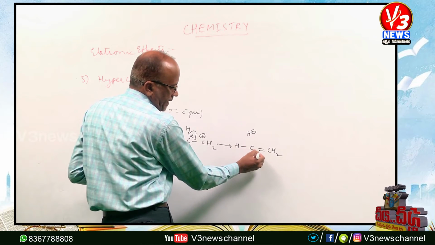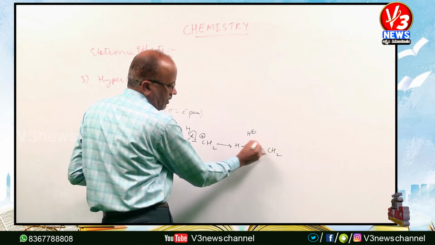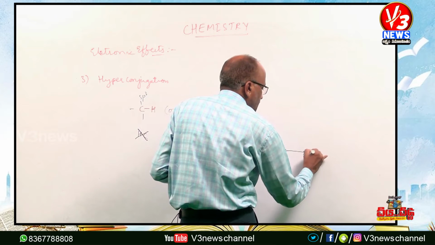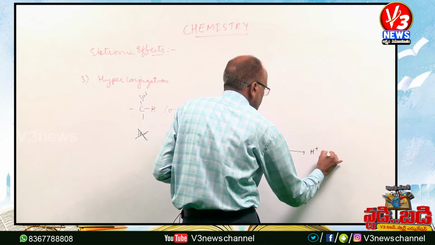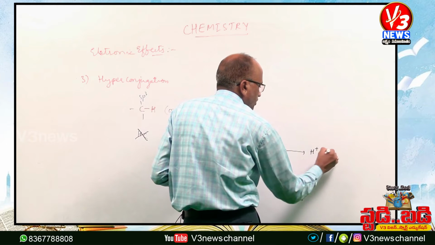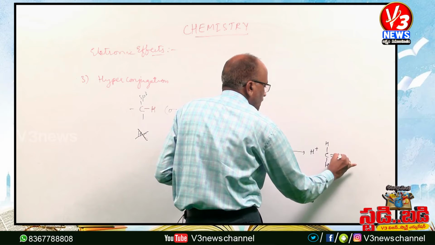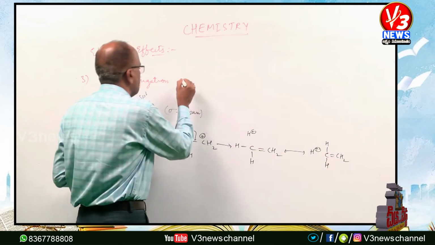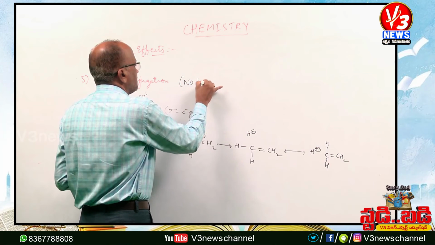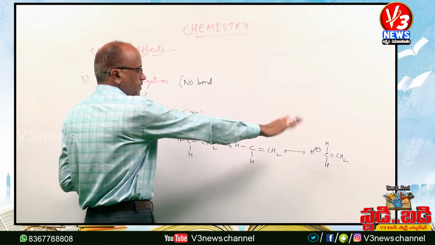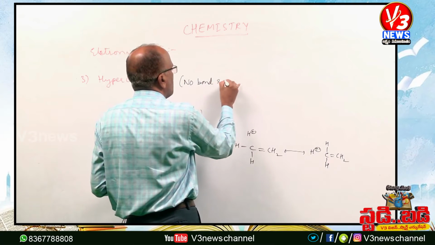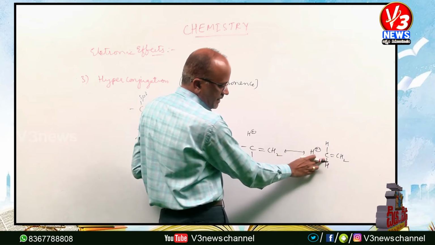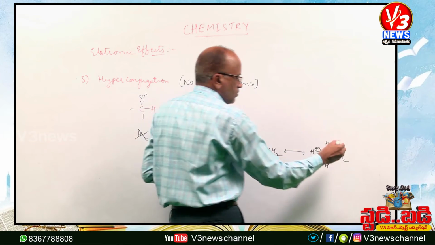And in the next hyperconjugative structure, this electron pair is involved in hyperconjugation. So it becomes H plus. Here this hydrogen is shown without a bond. That's why this hyperconjugation is also known as no bond resonance. In resonating structures, hydrogen is shown without any bond. Now in the next structure, this hydrogen is shown without any bond.